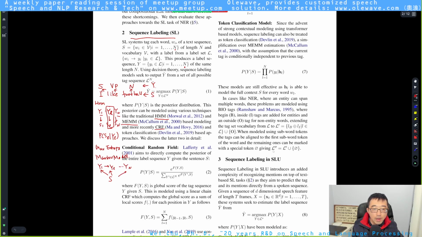But they have an assumption, which means the output label YL depends on the previous label YL minus 1 and the whole sequence S.